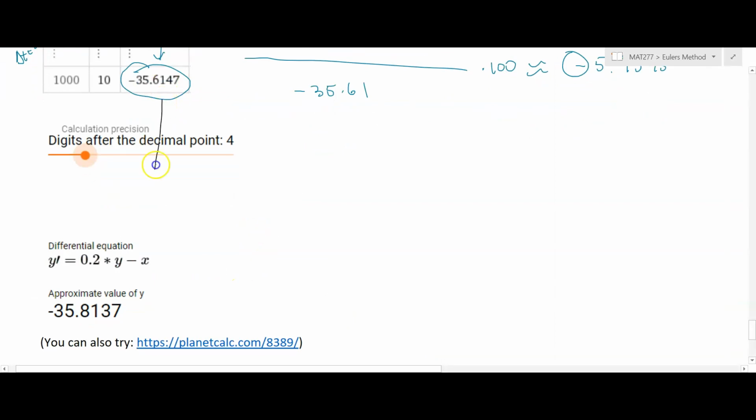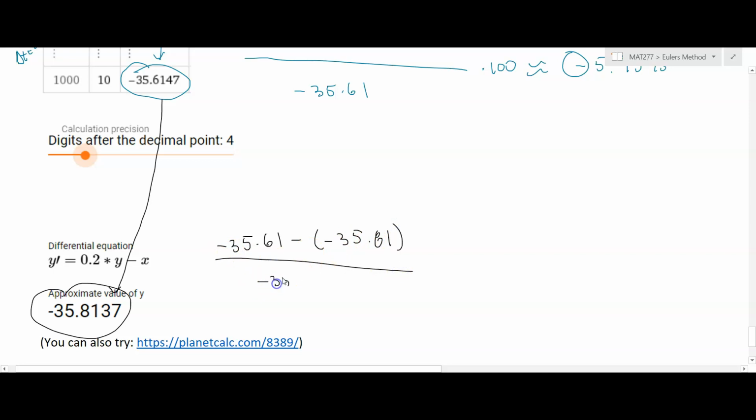So in this case, if I now look at the change in my estimate, I can see that it has not changed very much, right? It went from here to here. So the more approximate of the two is the estimated one, which is negative 35.61, minus the more exact one, which is negative 35.81, divided by negative 35.81.